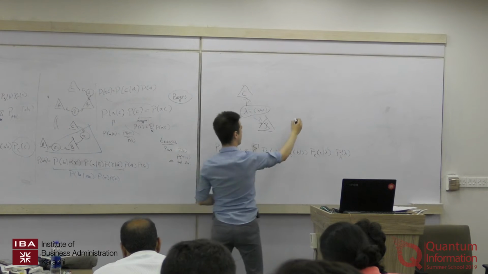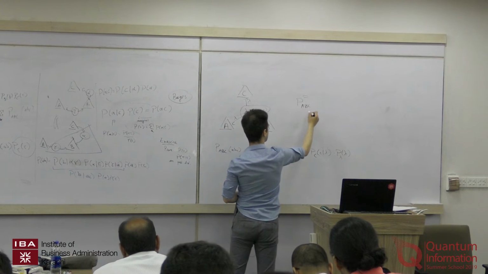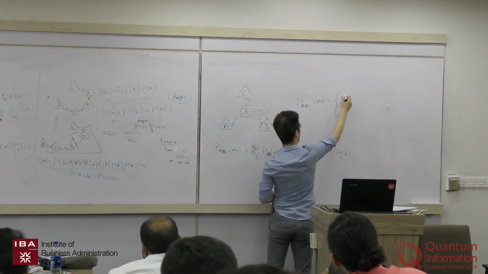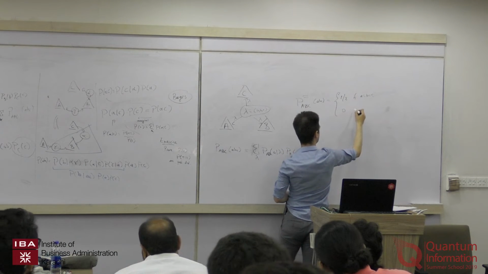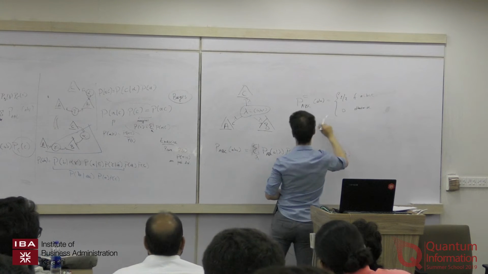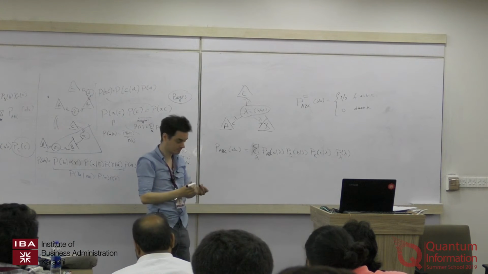To give you an example, I will call this the equal distribution. It's a distribution that takes the value 1/2 if A equals B equals C and 0 otherwise. So basically A, B, C always output the same bit.